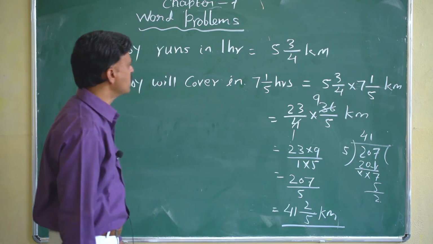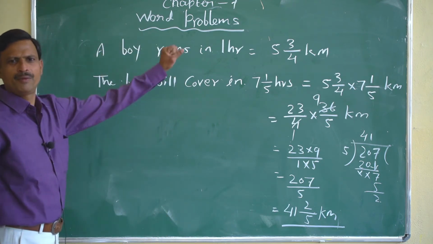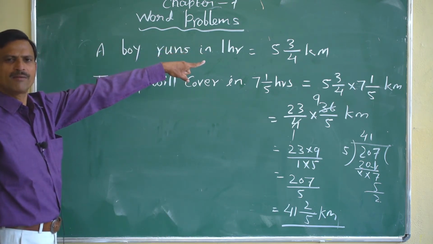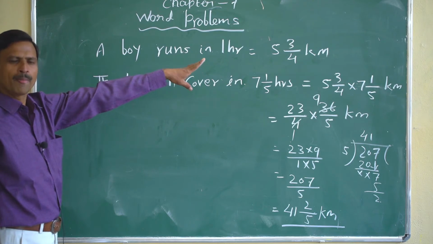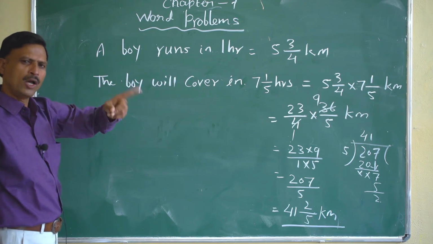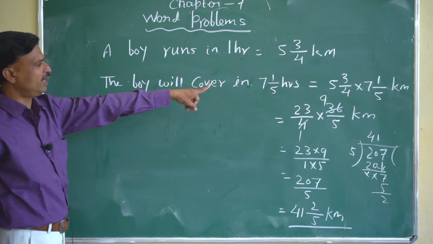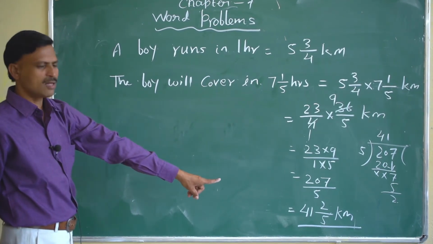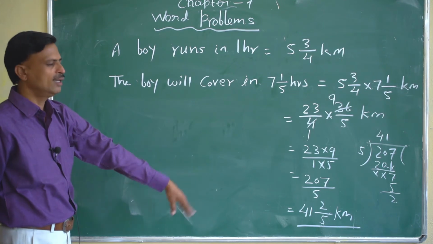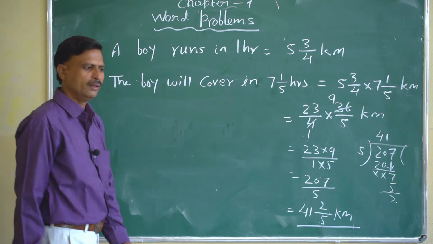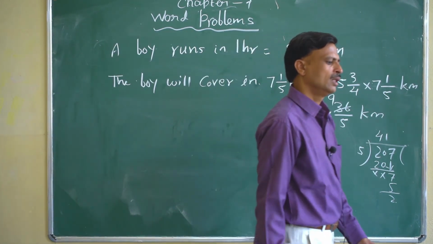So if the boy runs 5 whole number 3 by 4 kilometer in 1 hour, the boy will cover 41 whole number 2 by 5 kilometer in 7 and 1 by 5 hours. Got it? Any problem right now?